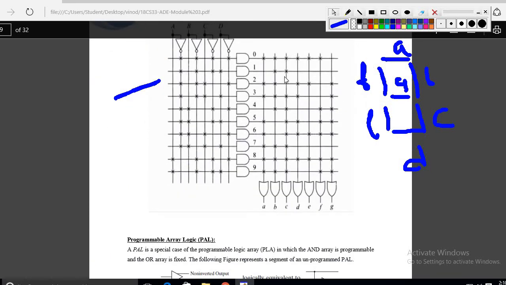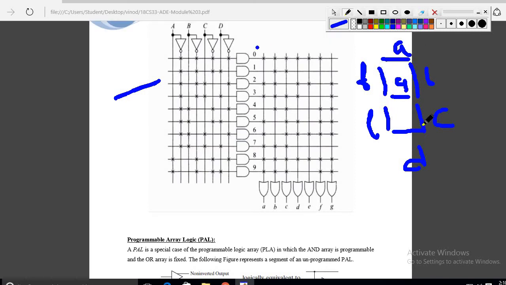If you want to display digit 0, what are the segments you have to glow? A, B, C, D, E, F, and G we have to leave out. For that reason I have made a mark for all of A to F and left out G, like that.